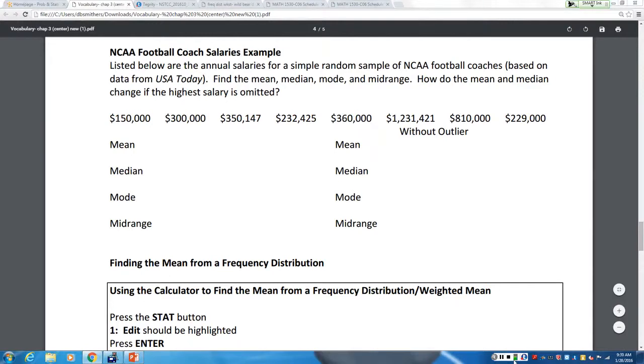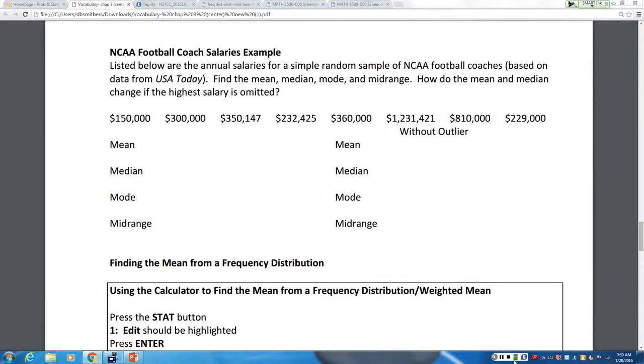All right, so in this problem, we're looking at this. Actually, y'all, this is old because there are now a couple of coaches that have $1 million salaries. This was like a few years ago when just Coach Saban at Bama was like a $1 million coach. Now there's some more besides just him.